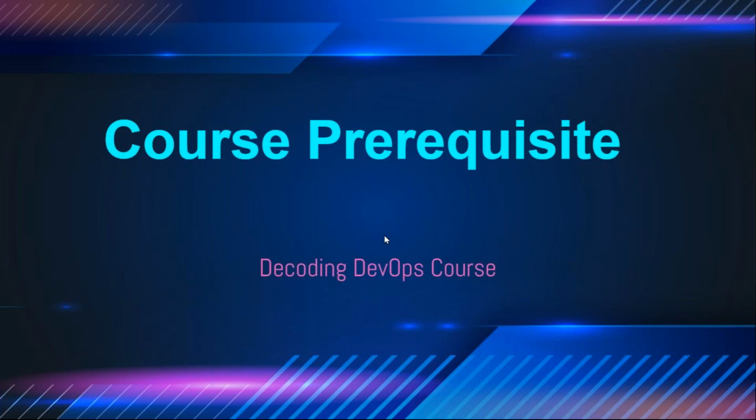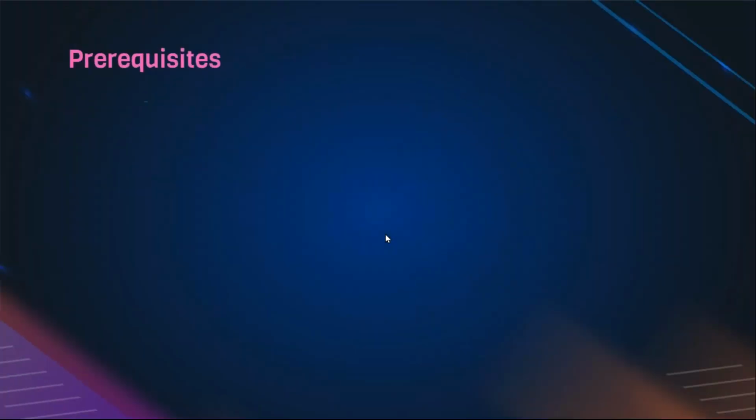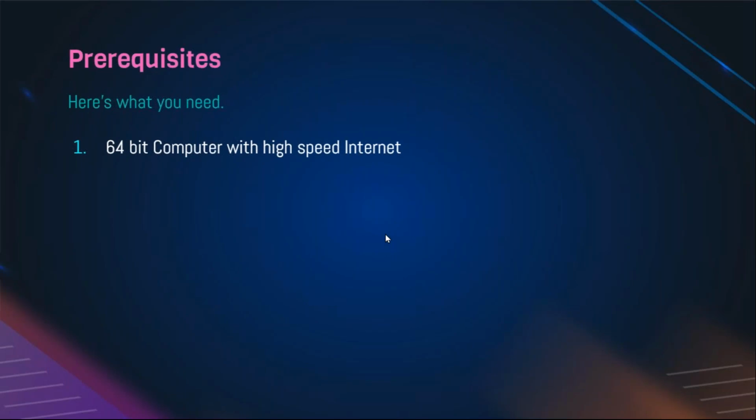So we're going to talk about course prerequisites today, as I said. So this is what you need. You will need a 64-bit computer with high-speed internet, guys. 64-bit computer, not 32-bit, it won't work, because some of the tools that we will need don't work on a 32-bit environment.